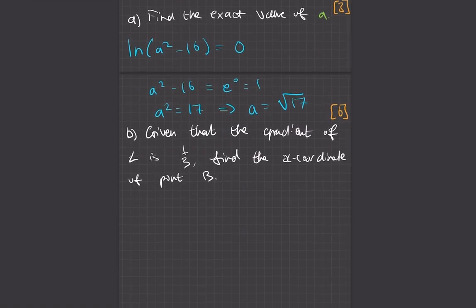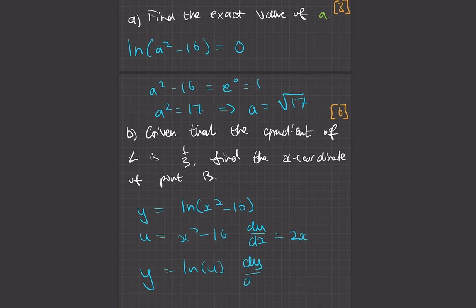So we know that, let's say y is equal to ln of x squared minus 16. Let's do a bit of chain rule here. Let's say u equals x squared minus 16. Therefore, we have y equals ln of u. So du dx is 2x, and dy du is 1/u.